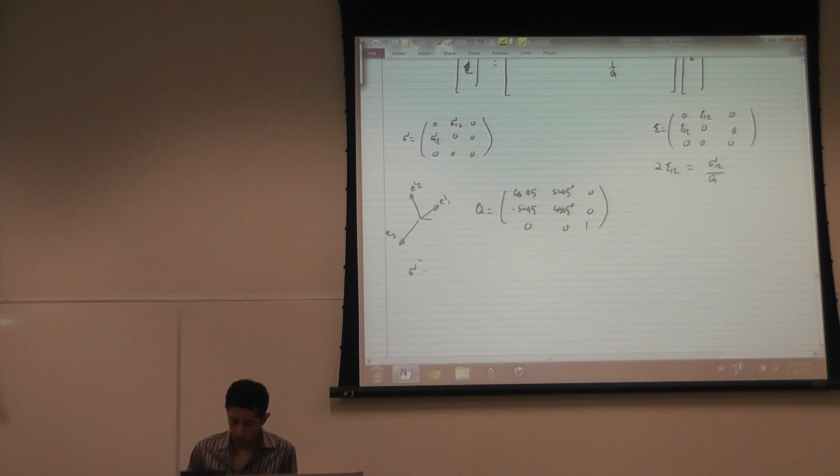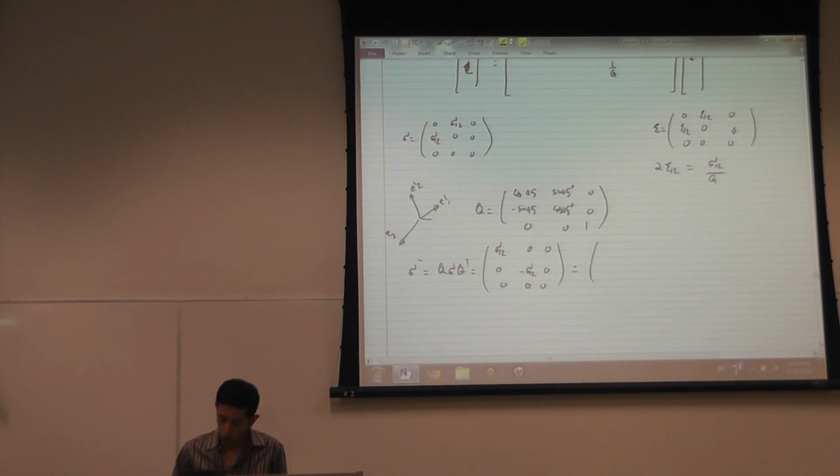Sigma prime in the new coordinate system will be equal to Q sigma Q transpose, will be equal to sigma on 2, 0, 0, negative sigma on 2, 0, which is basically the new component sigma prime 1, the new component sigma prime 2, 0.